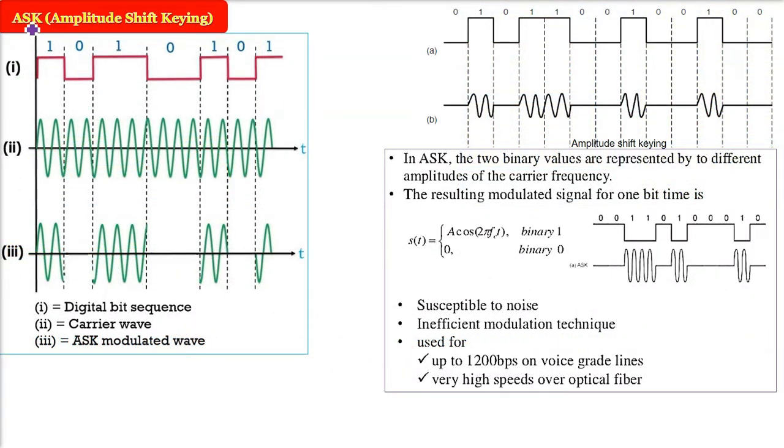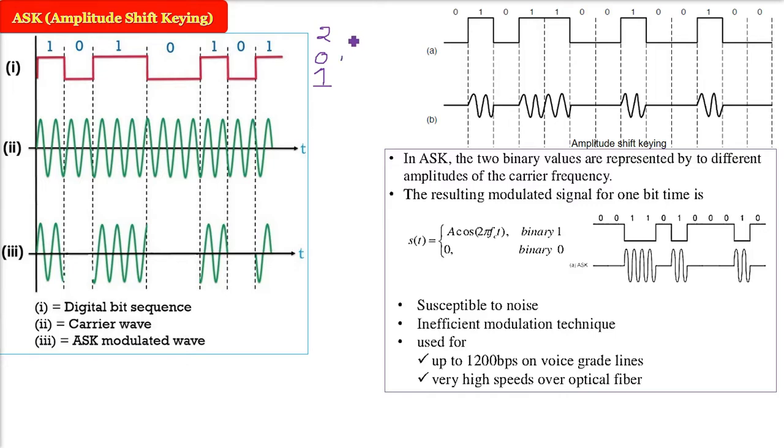ASK or amplitude shift keying. Here, in this way of digital modulation, the two binary values, 0 or 1, are represented by different amplitudes of the carrier frequencies. What is the amplitude?